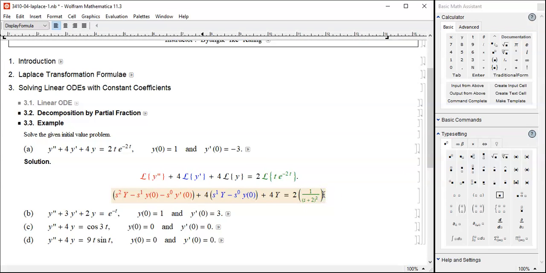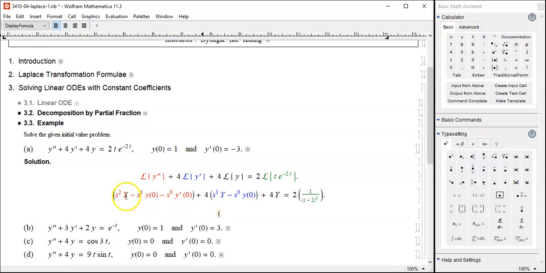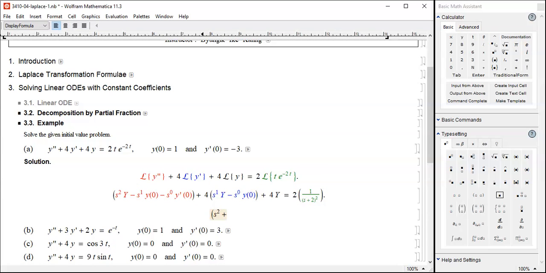Okay, and then let's solve this equation. We have s squared Y, and then 4s Y, and then plus another 4 Y, that's the Y term. We have minuses, so let's put minuses. y of 0 is 1, so this thing is 1, isn't it?